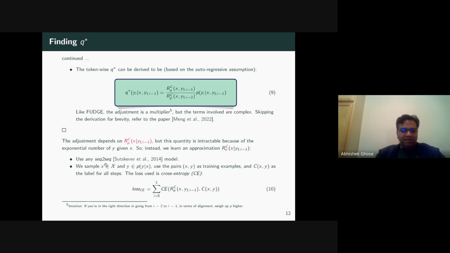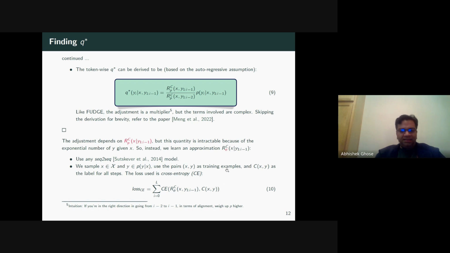The way they do it is they take any sequence to sequence model, right? And you sample a lot of x's and you sample a bunch of y's corresponding to these x's. For the pair xy, you concatenate them. That's a string.